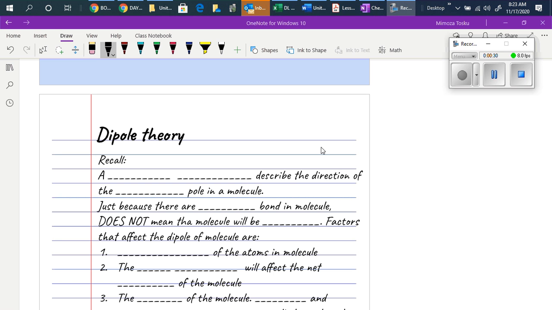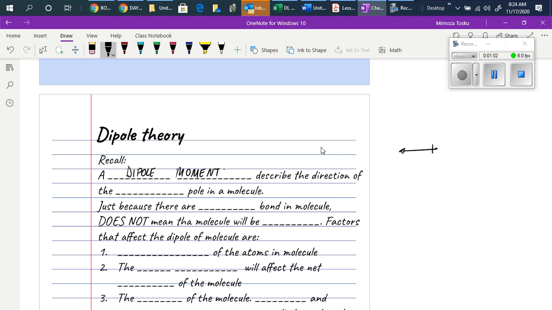We touched a bit on the dipole theory, but let's review and recall what we have said in terms of the dipole theory. So a dipole moment is described, first of all, in a compound with an arrow that looks like this.